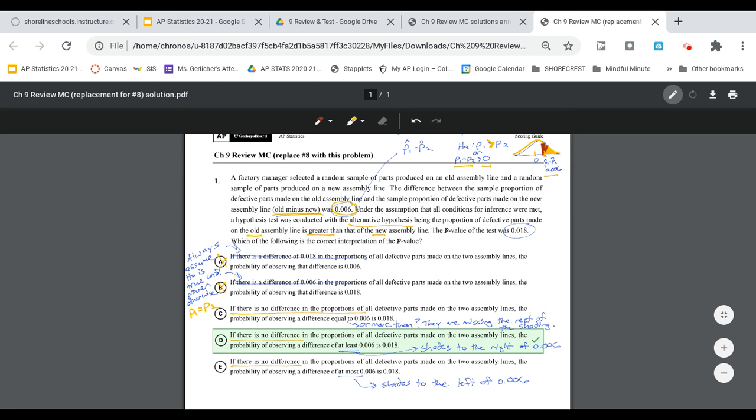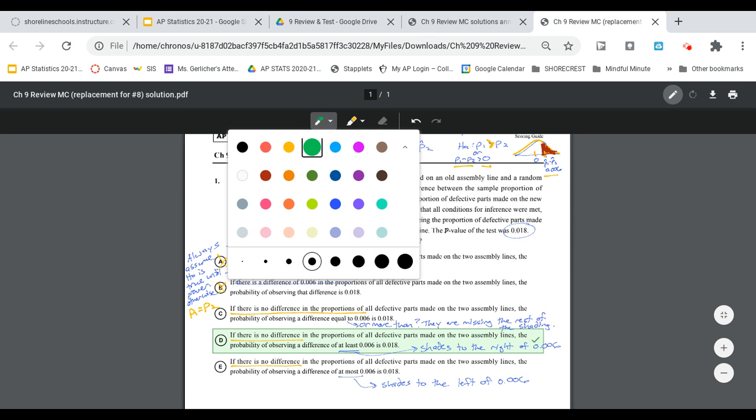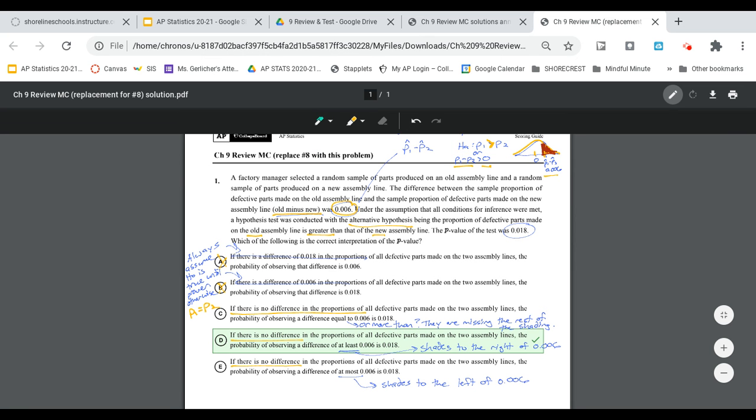So that is that point and everything above. That's the shading we want. E is saying at most 0.006. That would be everything below it. And that's not what we want. So the answer is D. Okay, that is it.